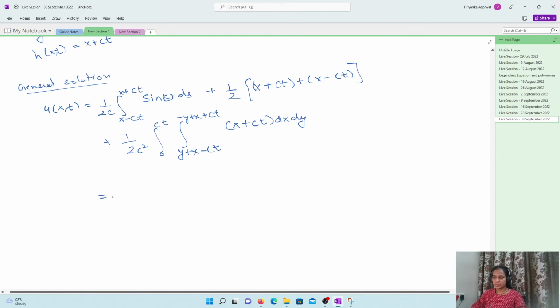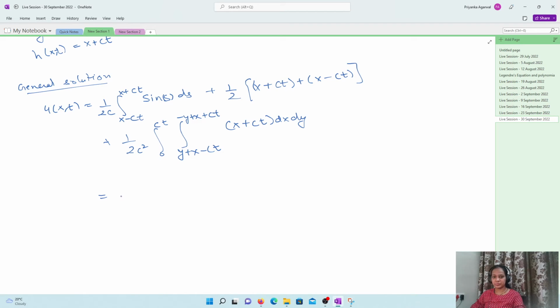So now for this, the 2 cancels and this becomes x plus 1 by 2c times minus cos s, and limits are from x minus ct to x plus ct.